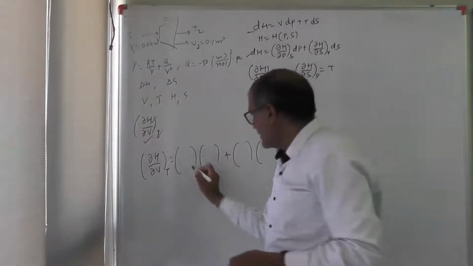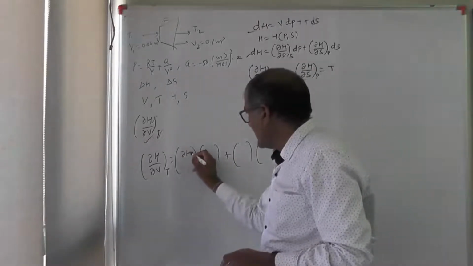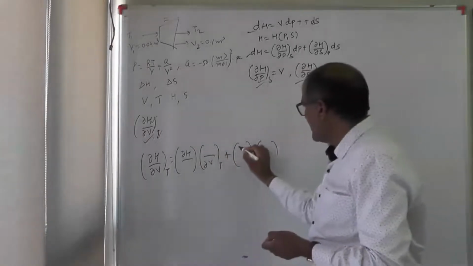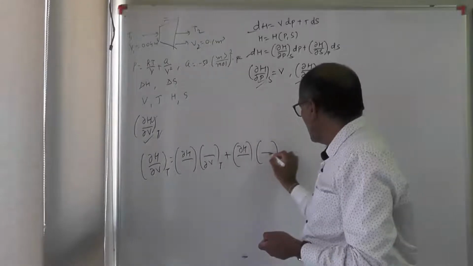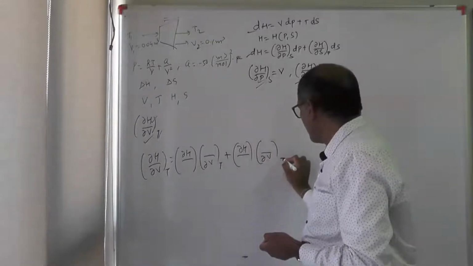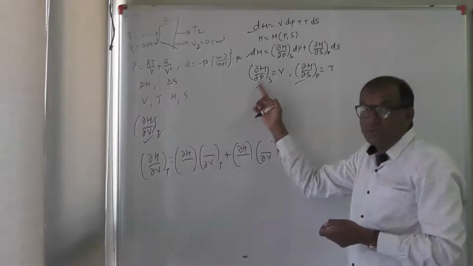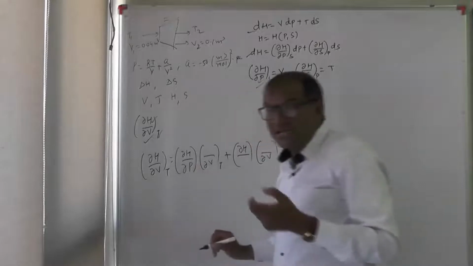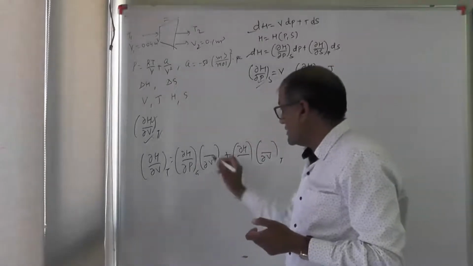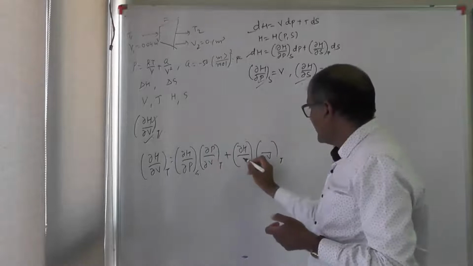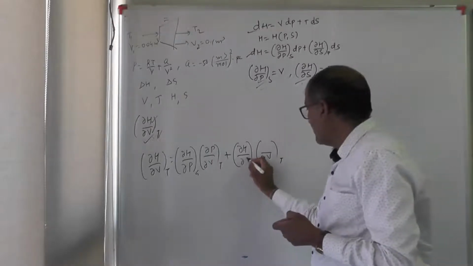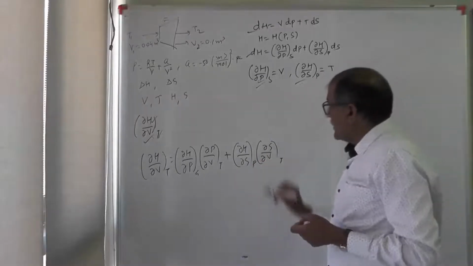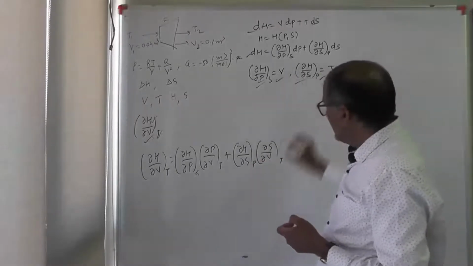I am going to introduce two variables P and S. When I am considering pressure, I should keep entropy constant, del P, and when I consider entropy, I should keep pressure constant.